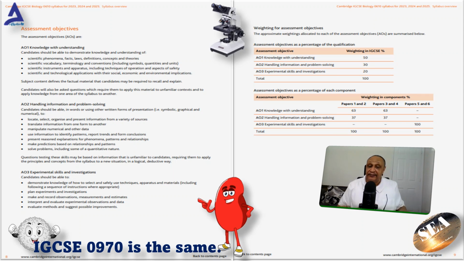For the first one, assessment objective 1, which is about knowledge with understanding, 63% of the questions in paper 1 and 2, and also in paper 3 and 4, are direct questions about information you know, information that is present in your textbook, in your notes, and that has been taught by your teacher.